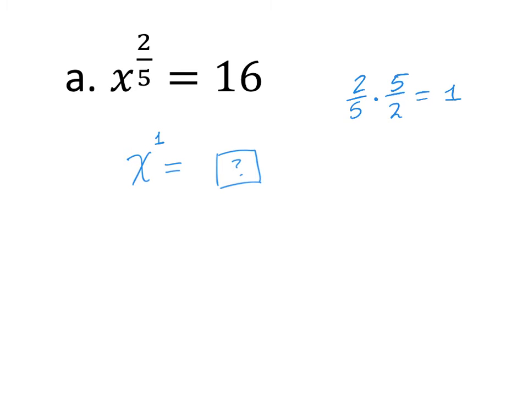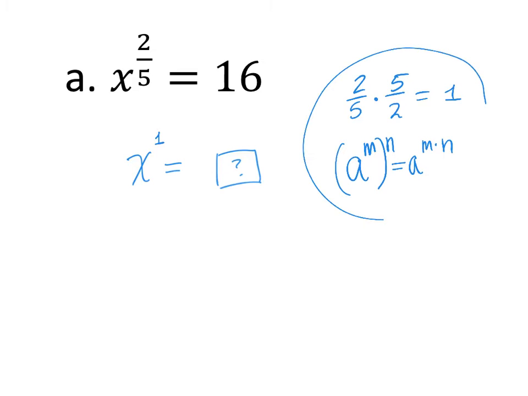And the exponent rule that I want to use here is that some base to the power of m, and then that all raised to the power of n is equal to that base, and then you multiply the exponents. So combining these two properties, I can get x released from that power of 2/5. So let me show you how to do that in action.